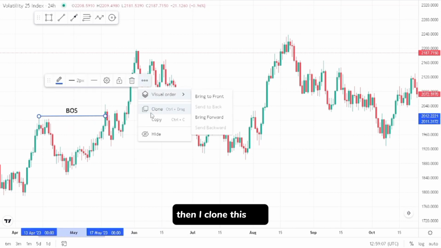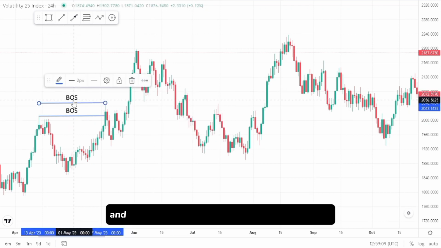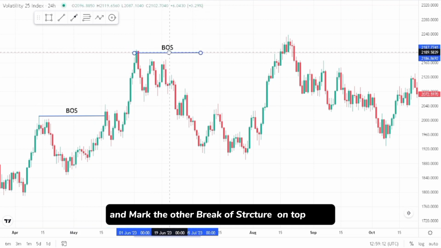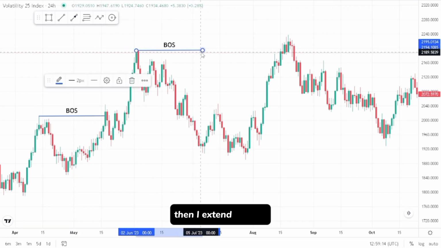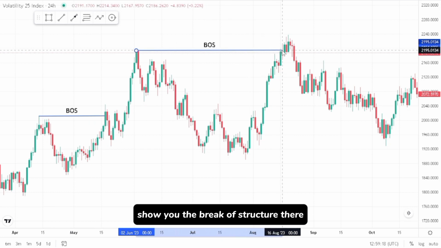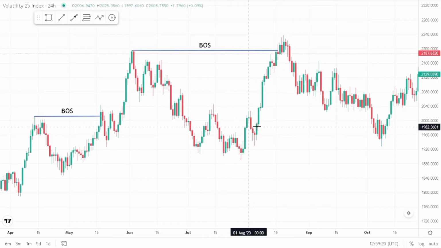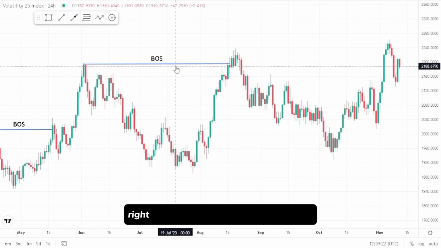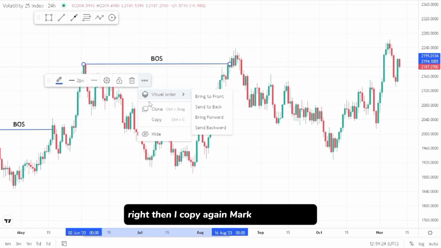And then I clone this line and mark the other break of structure on top there. Then I extend the line, show you the break of structure there, right? Then I copy again and mark the other one.